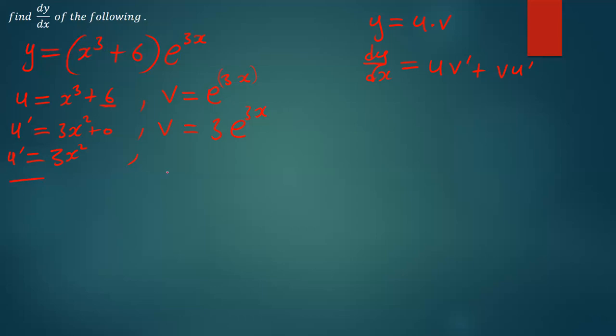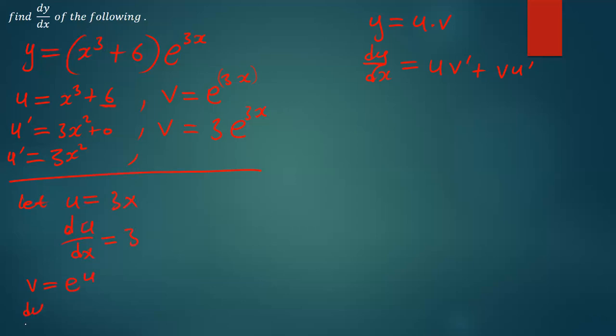Let me just do a quick one here. If you have this part here, we say let u be equal to 3x. So du/dx will therefore be equal to 3. Then our v will be equal to e to the power u.